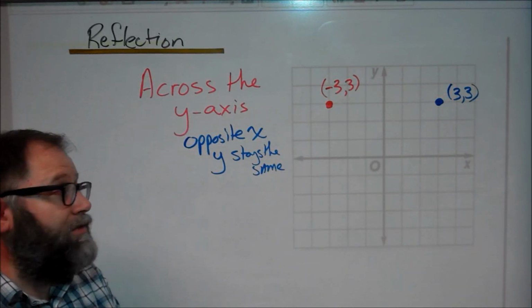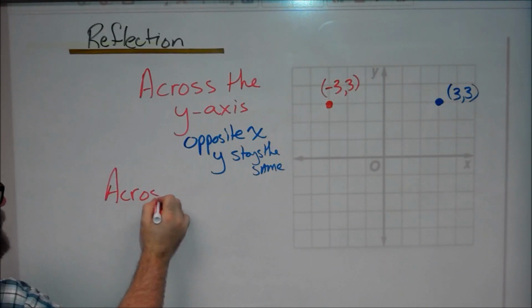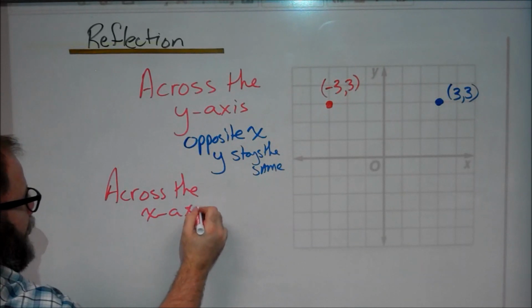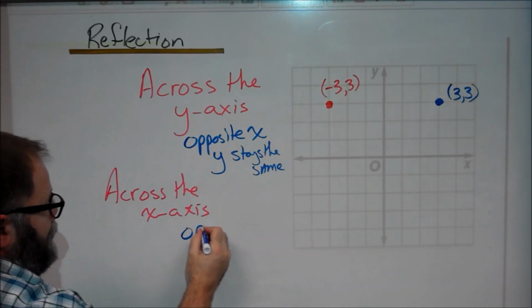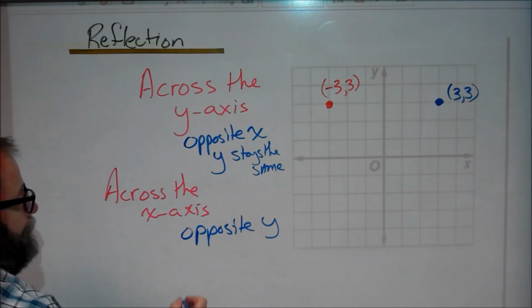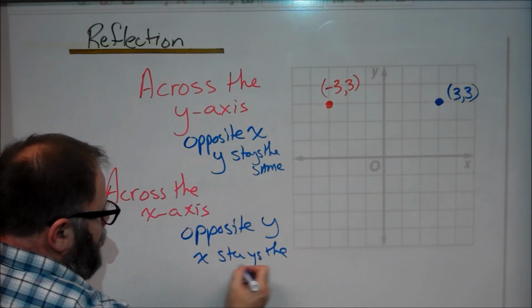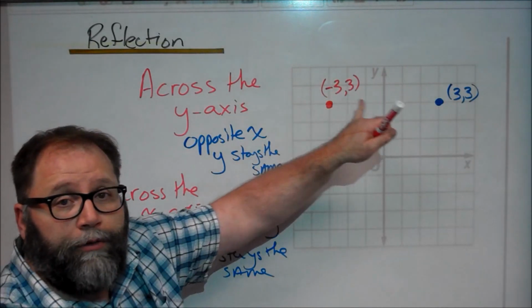If I want to go across the x-axis, I want the opposite y, and the x stays the same. So I've got negative 3, 3.